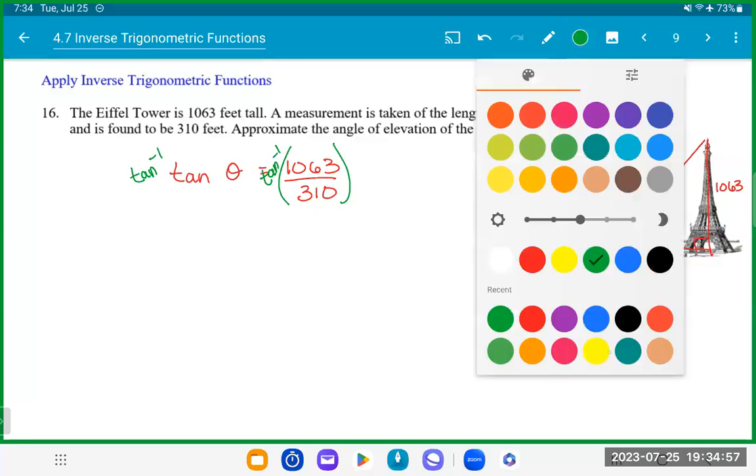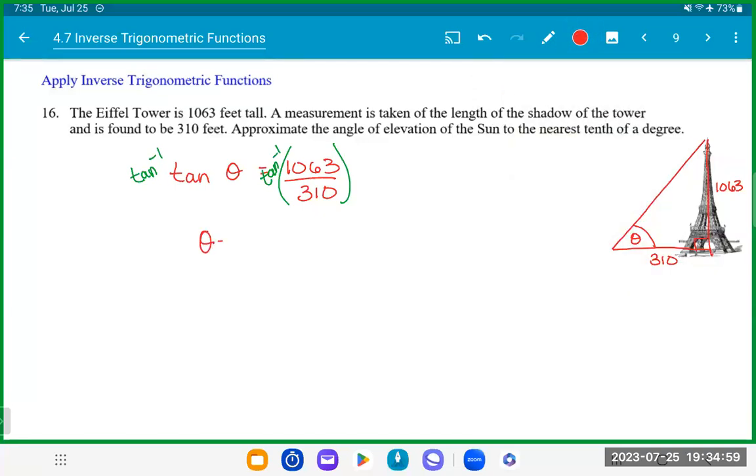So that's going to leave me with my angle is tangent inverse of 1,063 over 310. You could put that in your calculator now, and you could get that our angle is approximately 73.7 degrees.